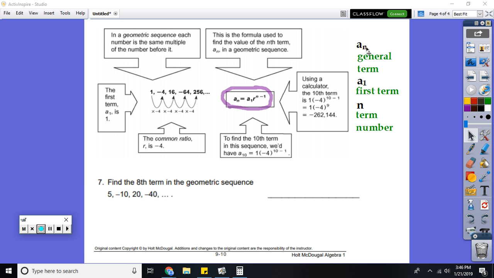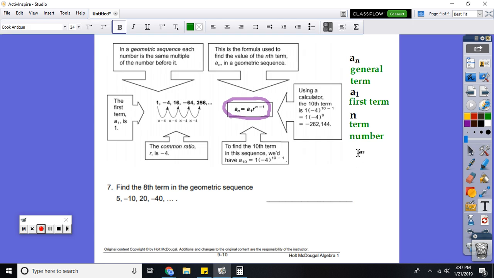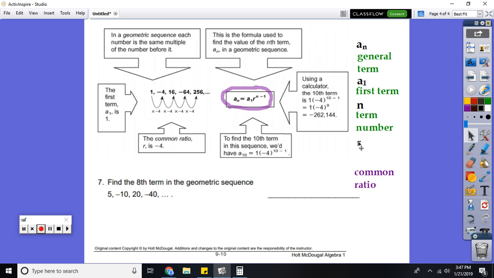So I still have a general term, I still have the first term, and I still have the term number. What's different here is that r, instead of common difference, stands for common ratio. So, same idea, just in the context of geometric sequences instead of arithmetic sequences.